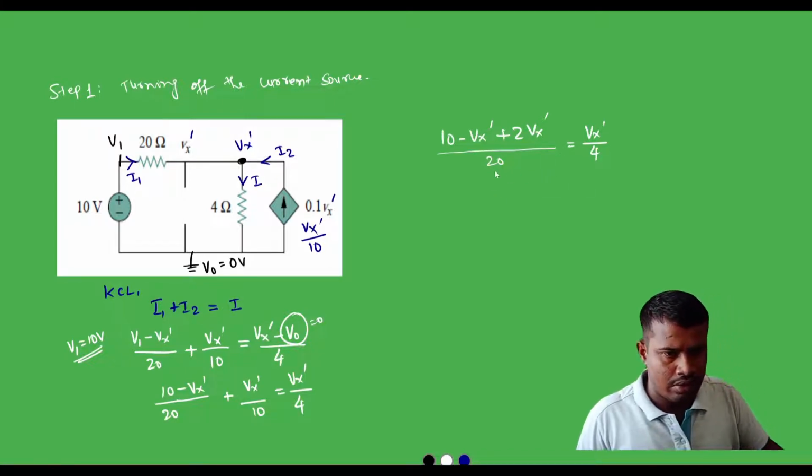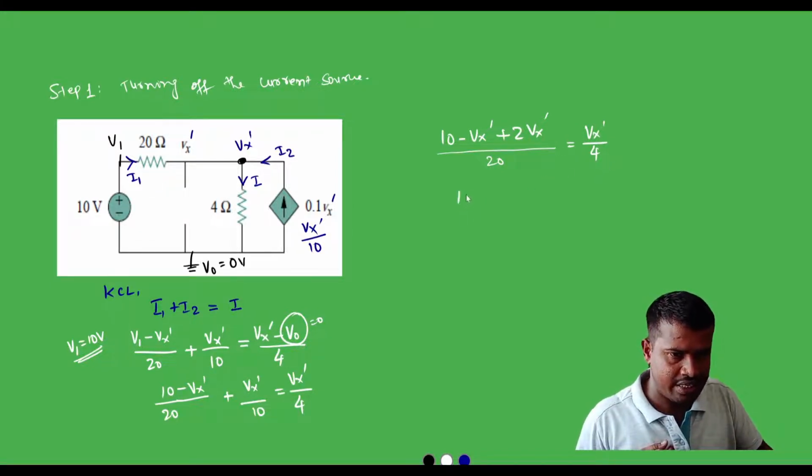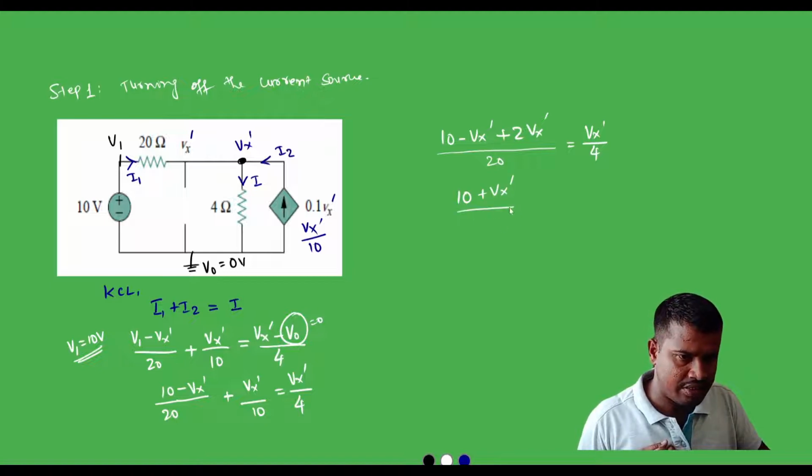Now we can multiply the numerator and denominator of the right hand side of this equation by 5. So we get (10 minus Vx prime plus 2Vx prime), which becomes 10 plus Vx prime, divided by 20, is equal to 5Vx prime divided by 20.